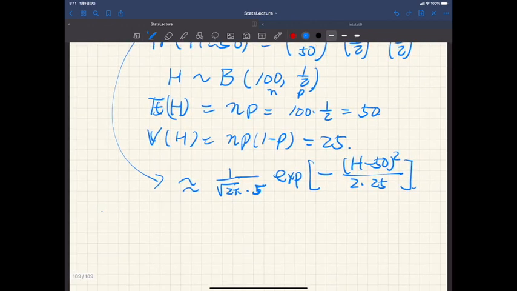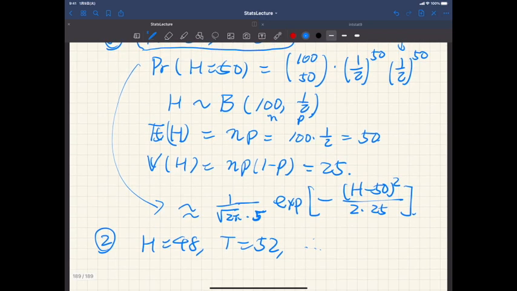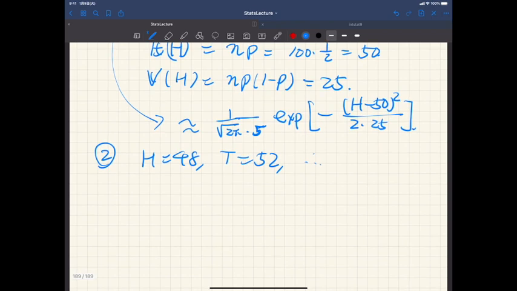It is almost equally likely that we get 48 heads and 52 tails and so on. We can calculate the probabilities of this observation in a similar manner. So probably even if the coin is unbiased, this is just fine.